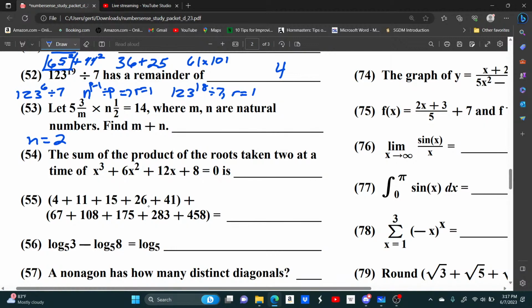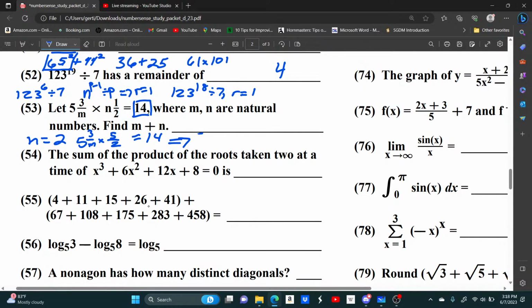We're going to make an educated guess that n is equal to 2, which would make this fraction right here equal to 5 halves. So 5 and 3 over m times 5 halves equals 14. Part of why this is going to be an integer is that some things are just going to have to cancel.